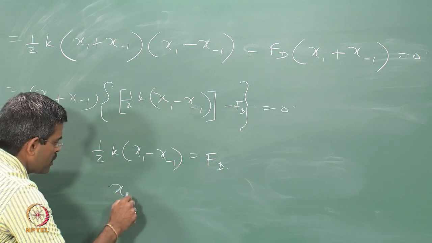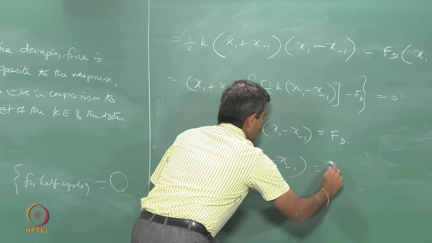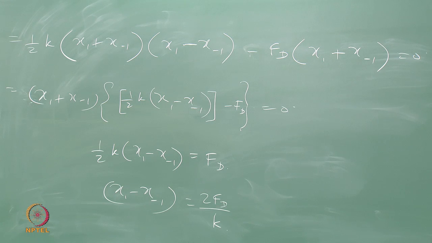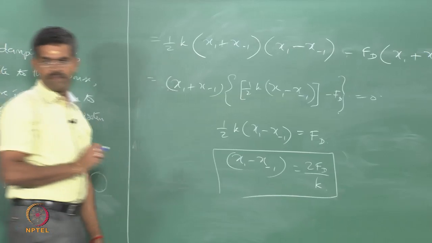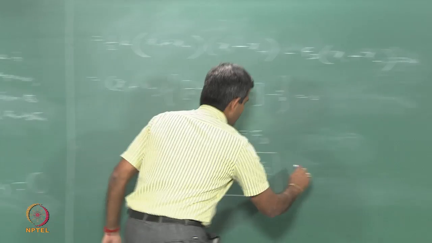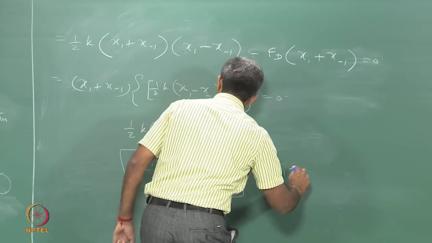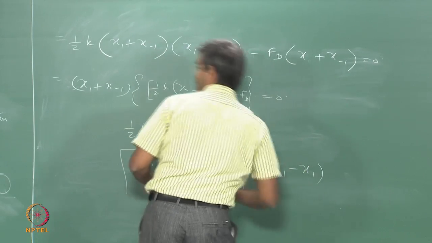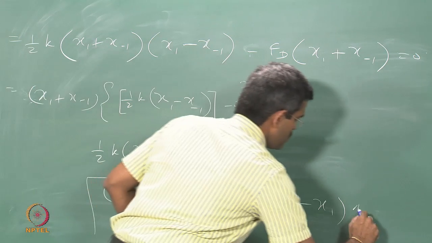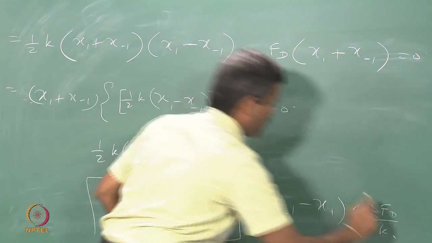So x1 minus x minus 1 is twice f d by k, which is linear, for half a cycle. Now I can extend this as x minus 1 minus x2, that is the second half, which is also going to be similarly 2 f d by k.